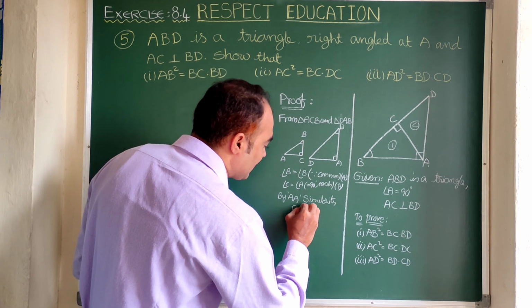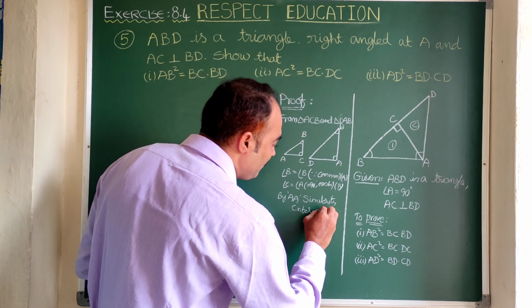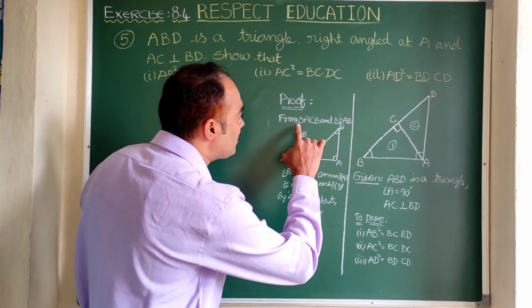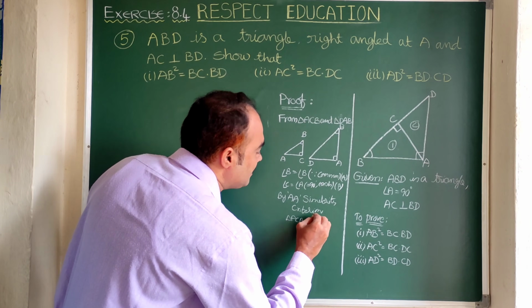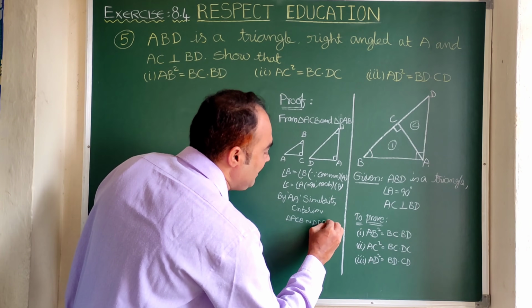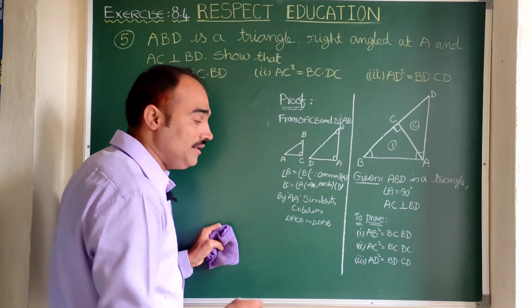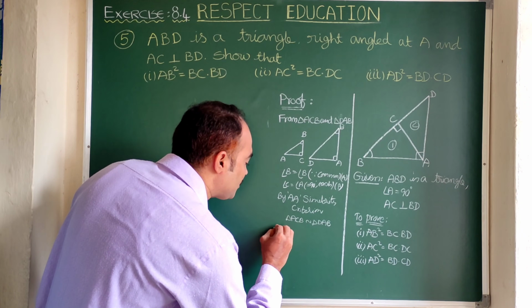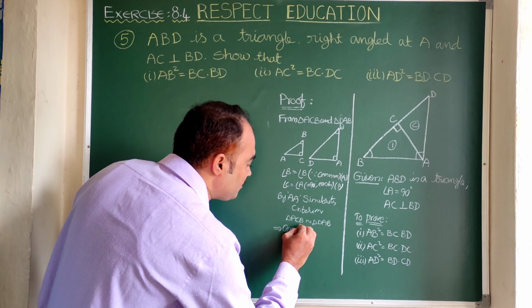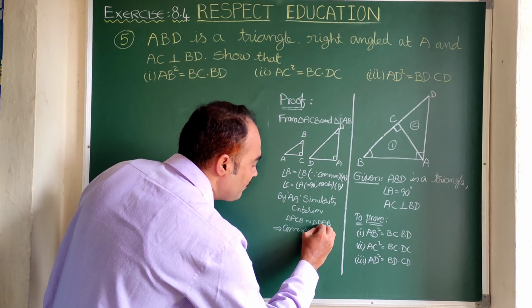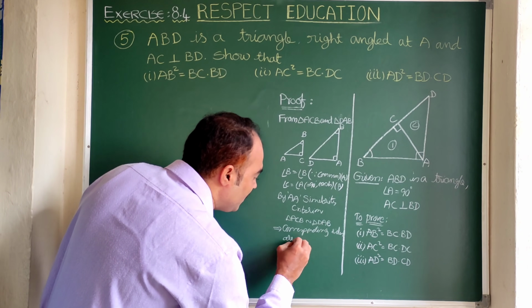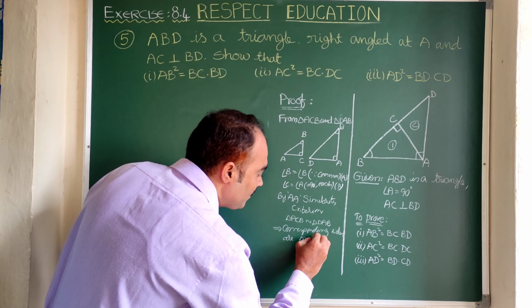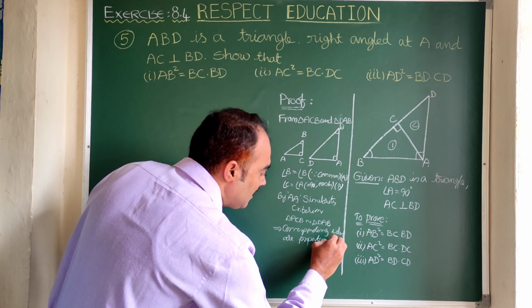By the similarity criterion, we can say that these two triangles are similar. Triangle ACB is similar to triangle DAB. So their corresponding sides are proportional.